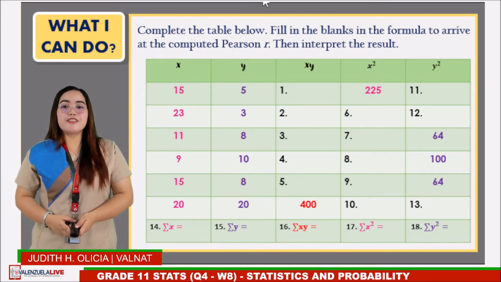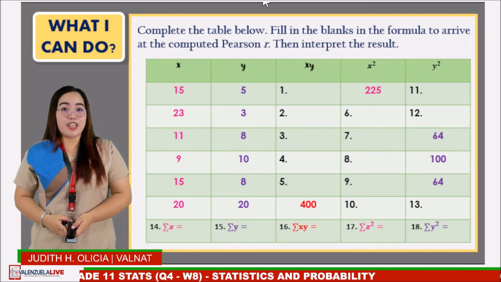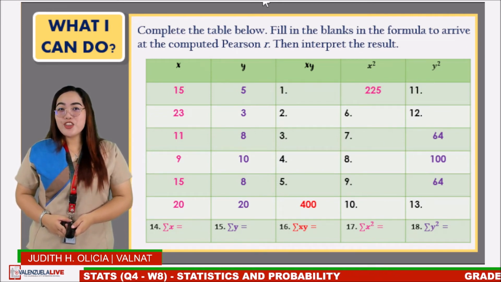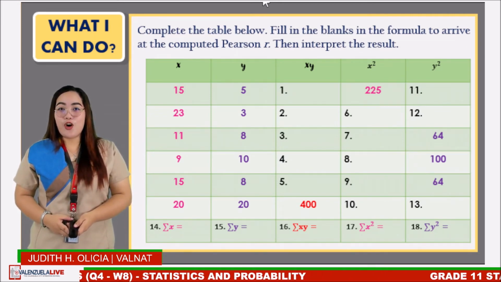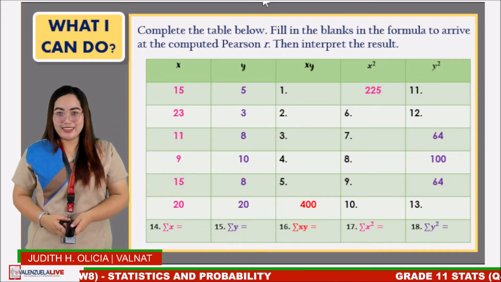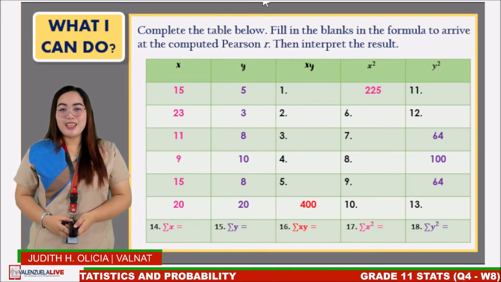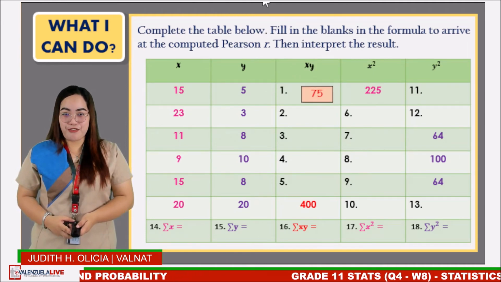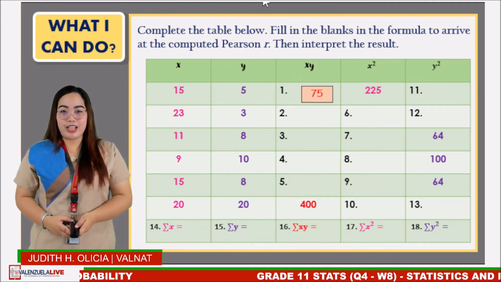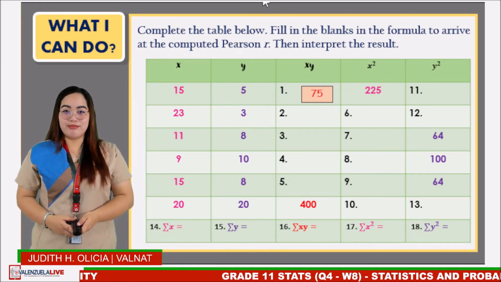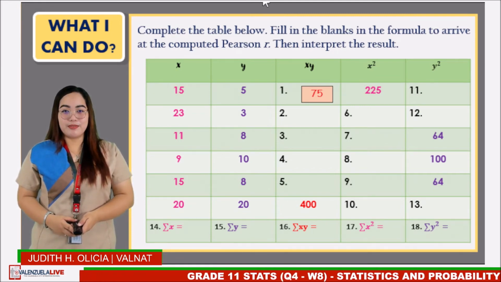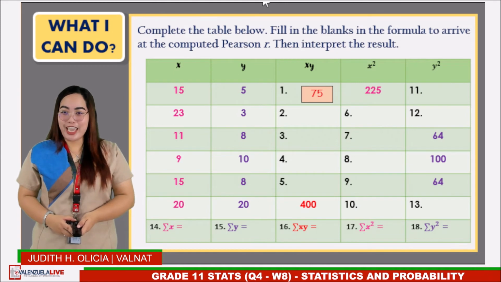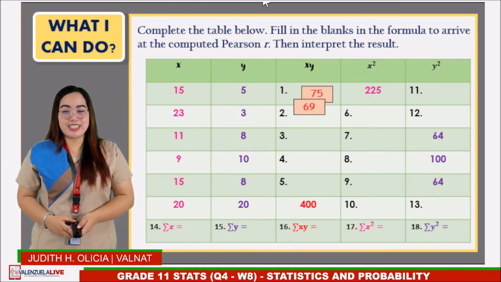First, let us find the product of X and Y. What do you think is the product or answer for number 1? Okay, very good. It is 75. How about the product for number 2? Okay, it is 69.